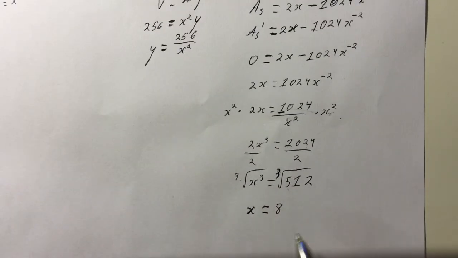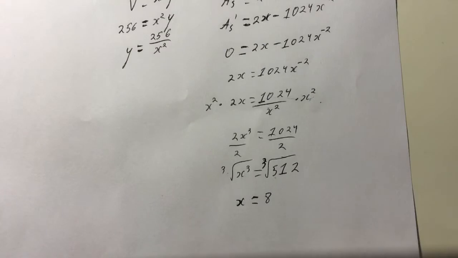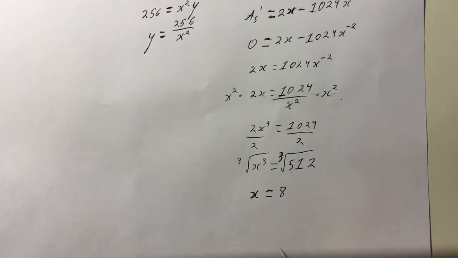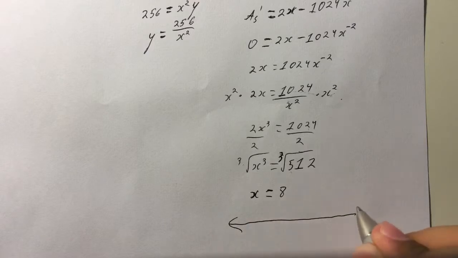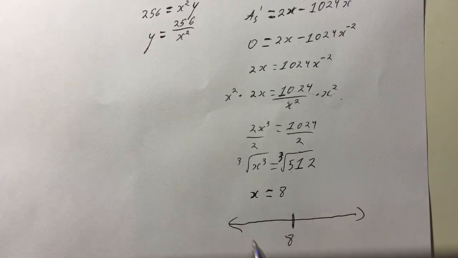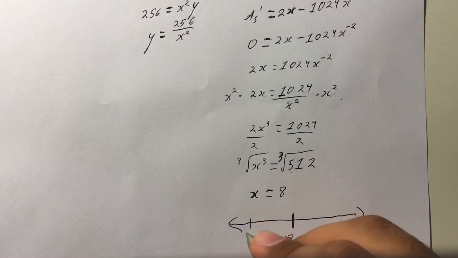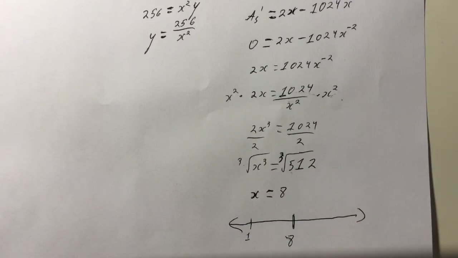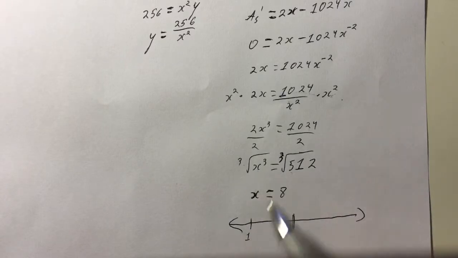Now this is your min, but you have to prove that. So what you do with that is you do the first derivative test. We're going to draw a number line here, like this, right? This is 8. You can use any value less than 8. I'm going to use 1, right? Just use 1, okay? It doesn't matter.